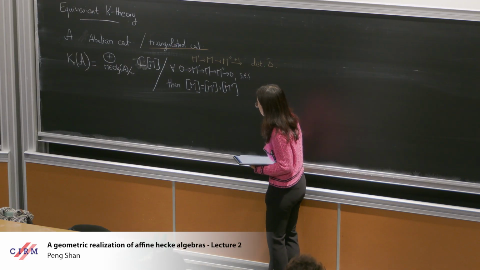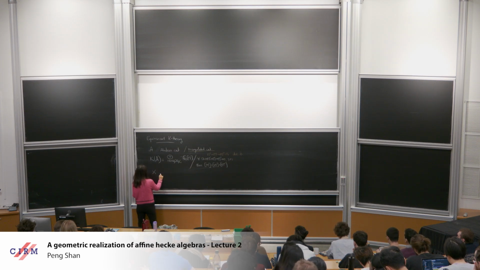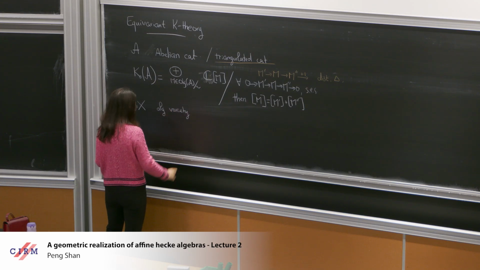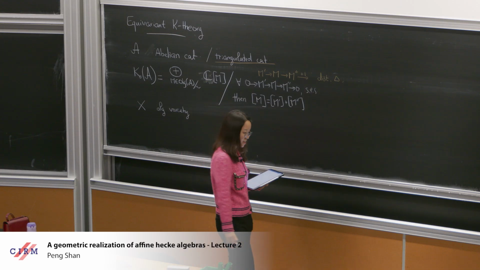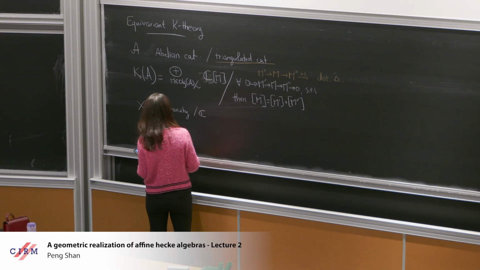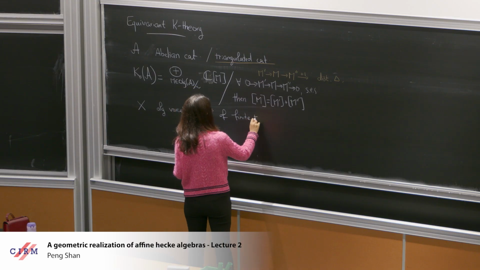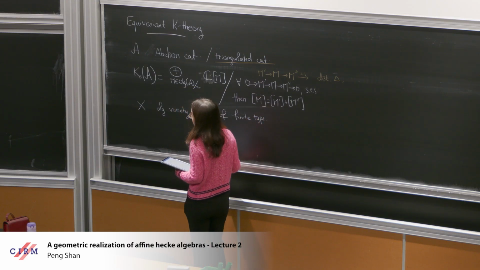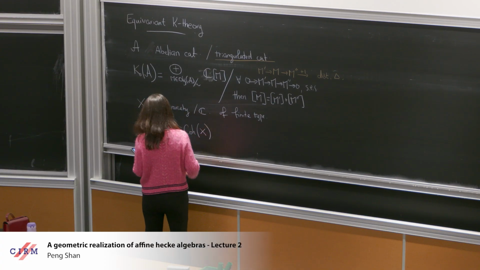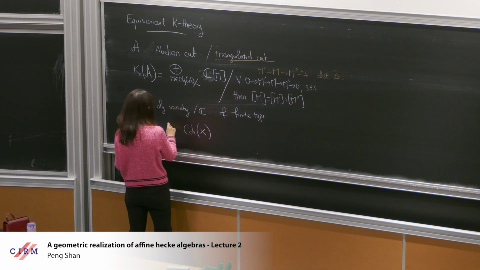Okay, and then the main kinds of category we'll be interested in are the following. So given X, an algebraic variety, I will mainly just work with complex algebraic varieties, but the definition is more general than this. It's of finite type. And then you can consider the category of coherent sheaves on X. This is an abelian category, and so we can take its Grothendieck group in the sense I just explained.